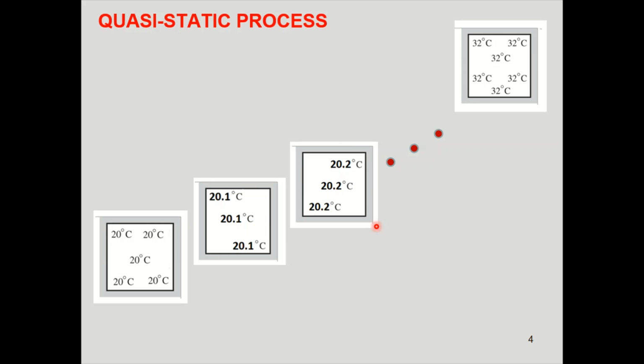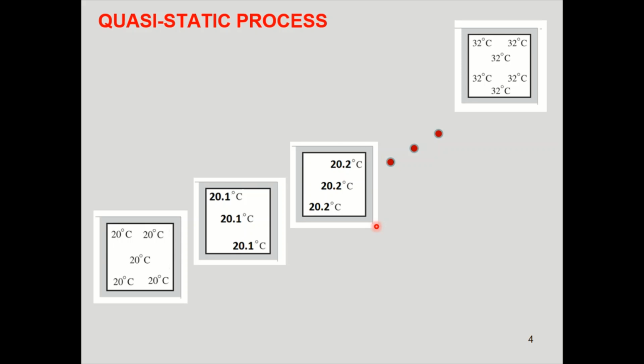We don't know anything about intermediate points because the system was not in equilibrium at the intermediate condition. Now at every point it is in equilibrium. And what is the benefit of the system being in equilibrium?